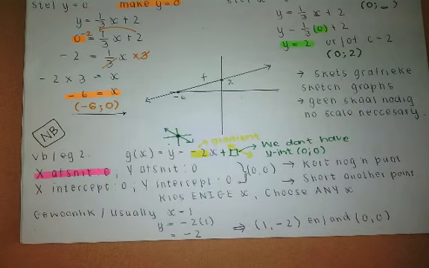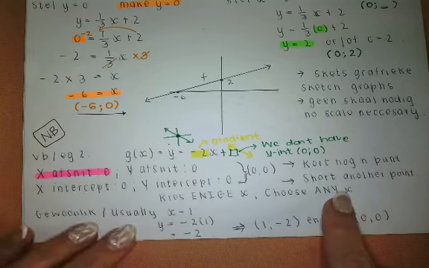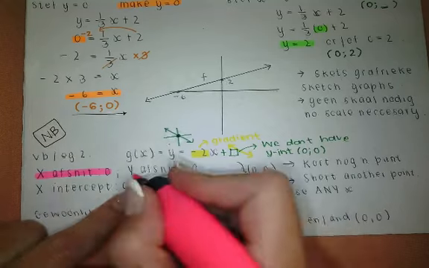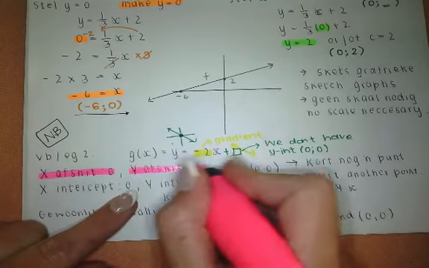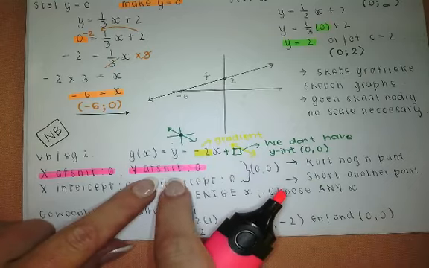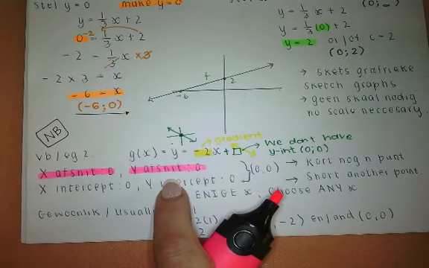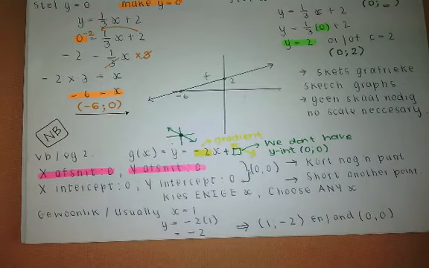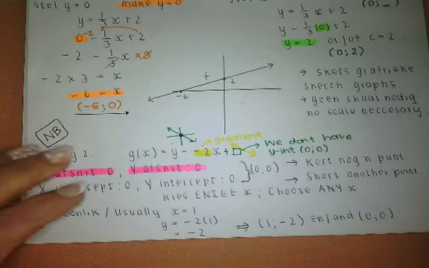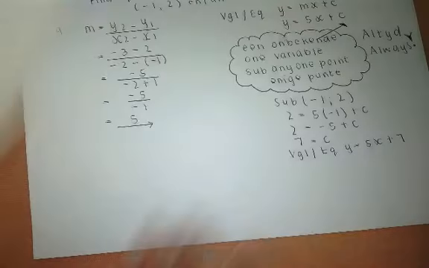Over here we do x-intercept and y-intercept, but the problem is with my y-intercept, I don't have one, so I can't just plot that point. The x-intercept we can go and find.